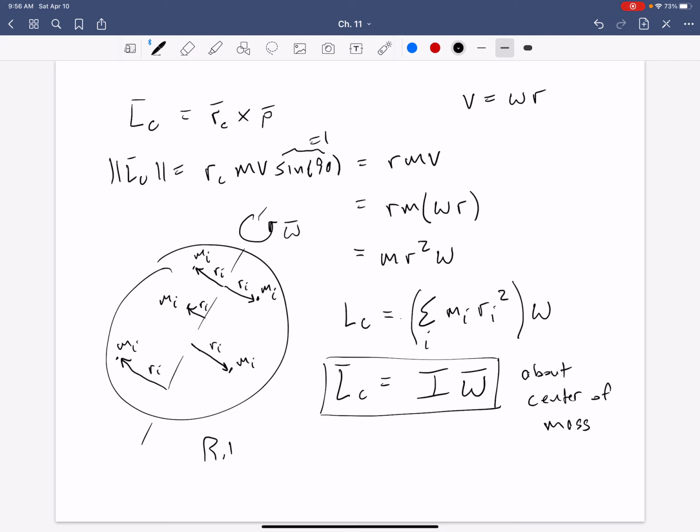The right hand rule says if you take your right hand and you curl your fingers, your pointer, middle, ring finger, and pinky, in the direction of omega, so around the axis, your thumb will extend in the direction of the angular momentum. So in this case, L would point up the axis, if you use your right hand. The same thing applies for torque, as does angular momentum. All right.